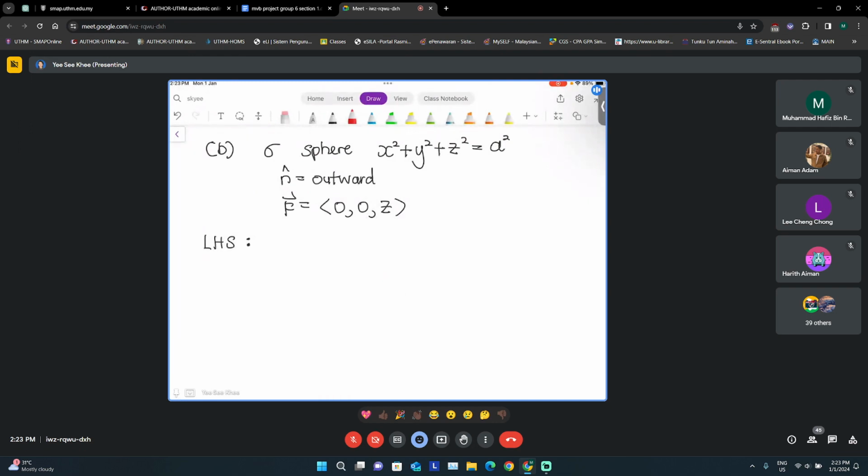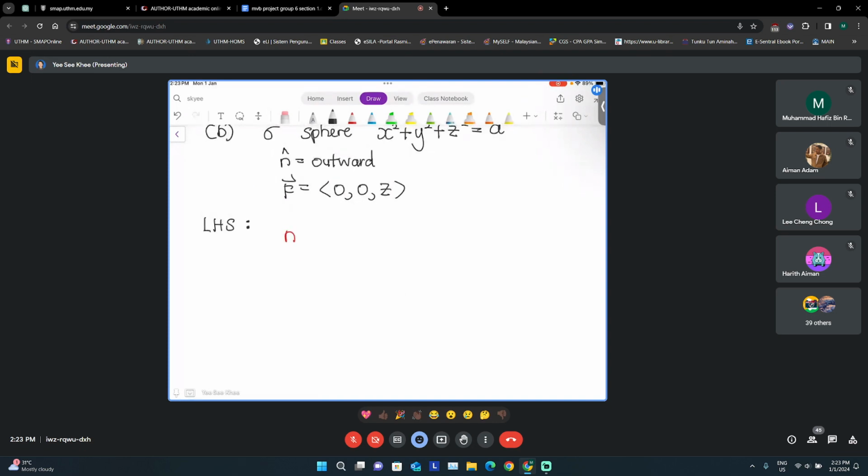This one is the outward flux, so we'll be using these equations. Everybody understand why I want to use this equation? Because it is outward. That's why I pick these equations.